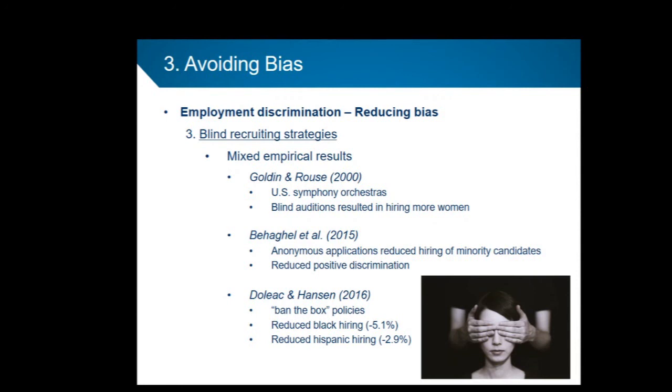What they saw was that if they took this part out of the resume, it actually led to less hiring of people from Black and Hispanic backgrounds. The reason behind this is that anonymous applications remove some pieces of information. This causes recruiters to focus more on other pieces of information to make inferences about the candidate themselves.